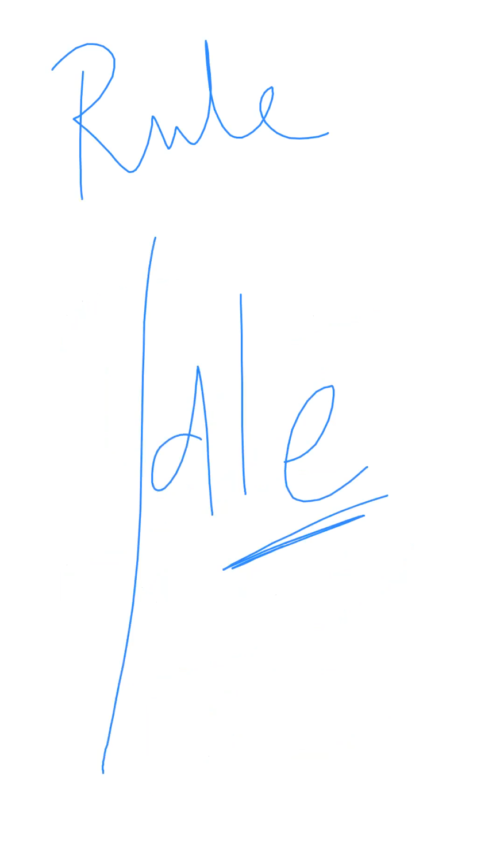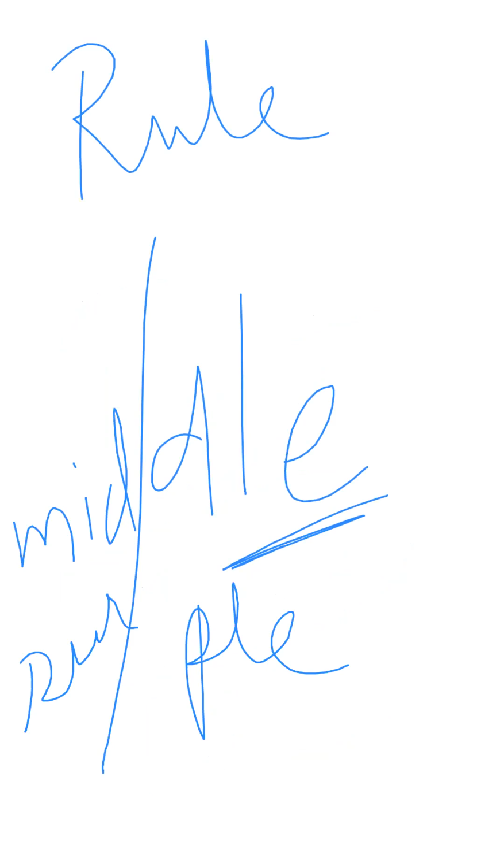Then we have also learned for LE that LE takes the consonant. For example, the word is middle, or purple, or fumble.